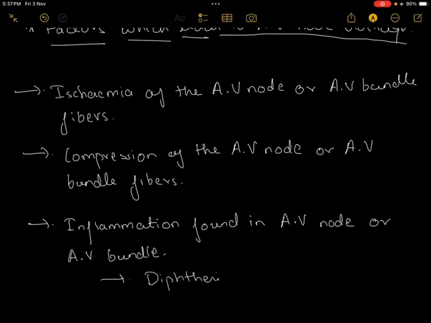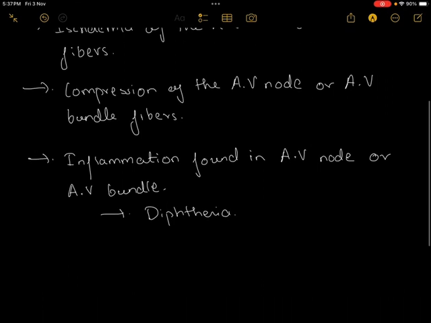You might have learnt about diphtheria in microbiology. The bacteria which causes diphtheria is Corynebacterium diphtheriae, which is a gram-positive rod bacteria.